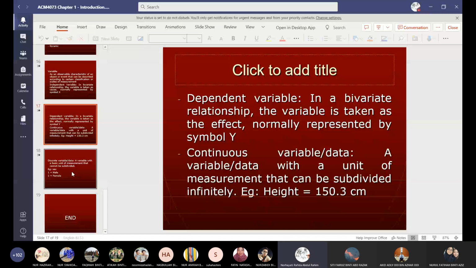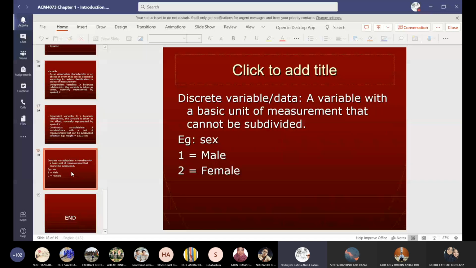And then we have another variable because some studies would have more than one variable. We have another one called discrete variable or data. A variable with a basic unit of measurement that cannot be subdivided. Example is male and female.